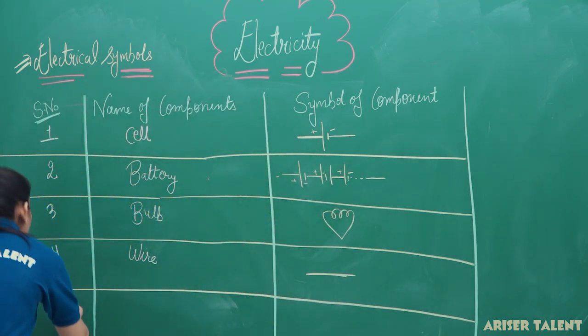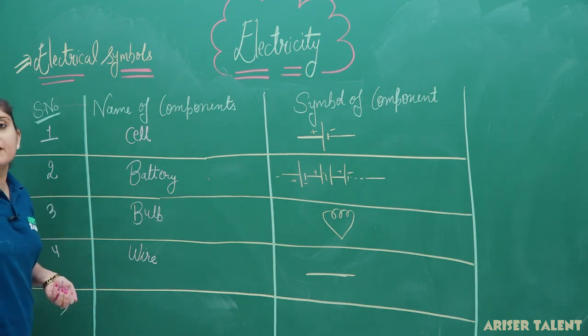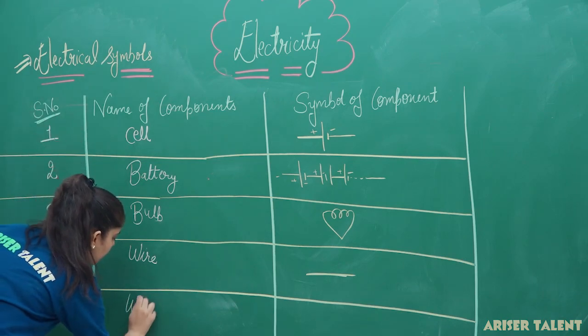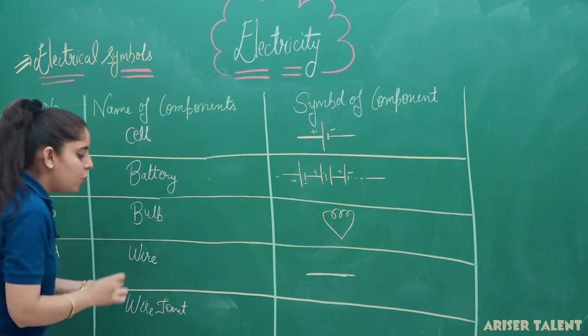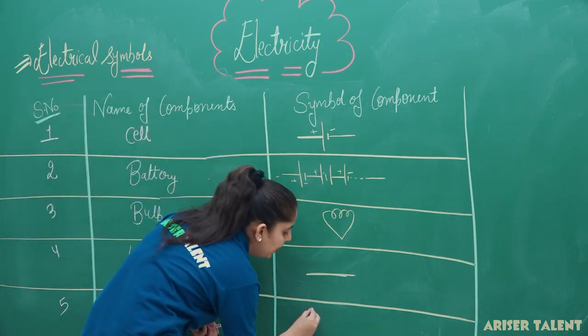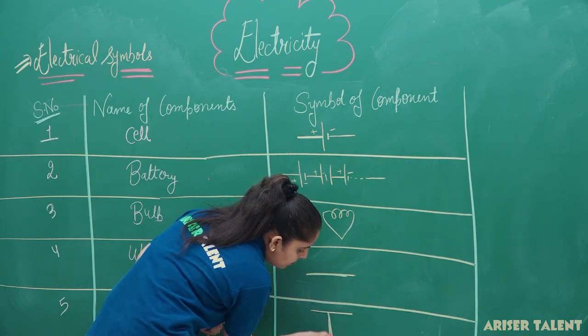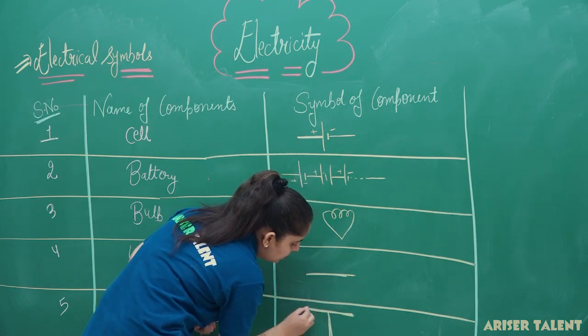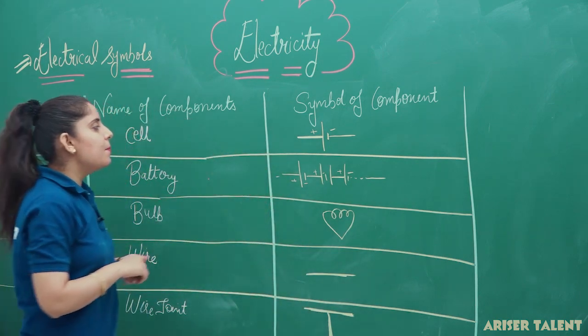Now, the fifth component we have is when there is a joint in the wire. How will we describe a wire joint? Suppose there is a joint in the wire, we will describe it like this. Now, these are some of the symbols we have seen.